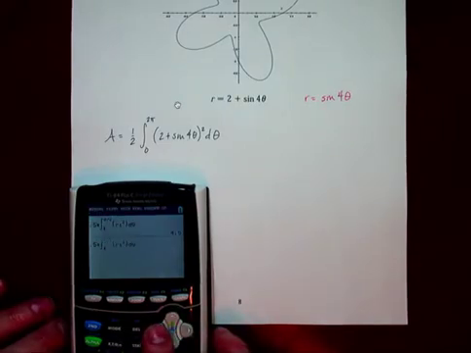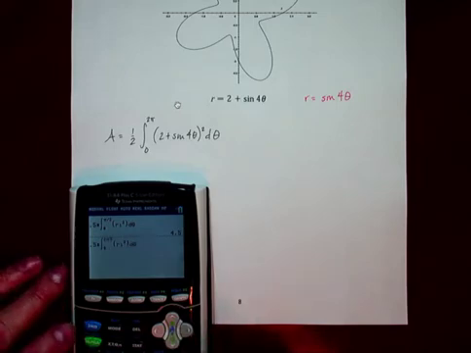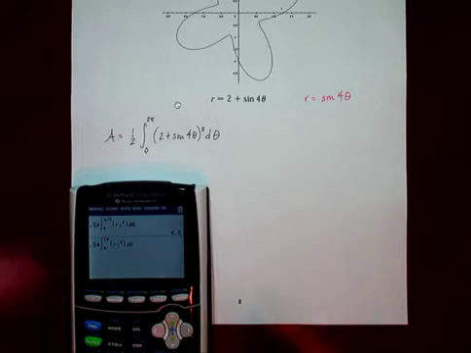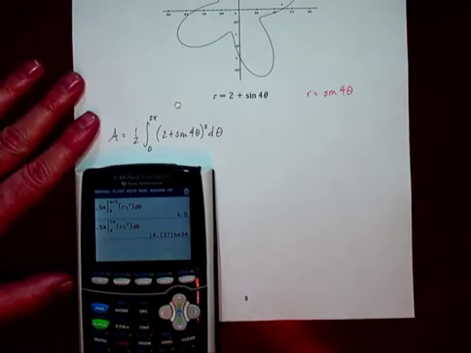But of course, the only thing different about ours is our limits of integration are different. So we'll do it like that and press enter. And what we get is, don't keep us in suspense, 14.137.